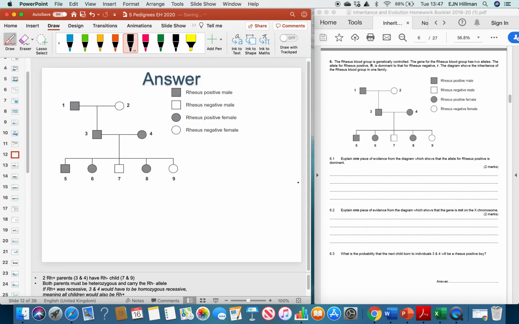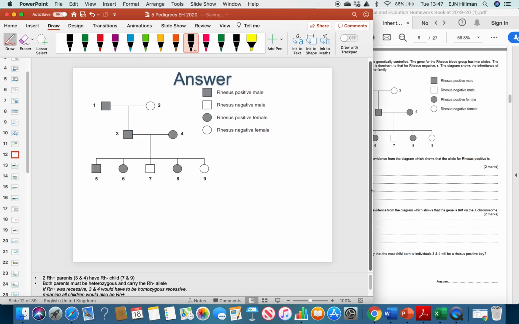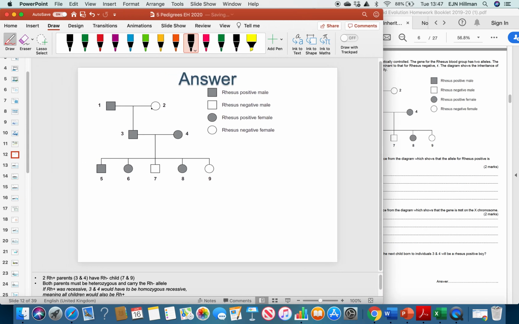So this is the pedigree. Just going to stretch that out a little bit. It shows, as all pedigrees do, squares for males, circles for females. If it's shaded in, sometimes we use the term affected. Now, affected isn't great really.